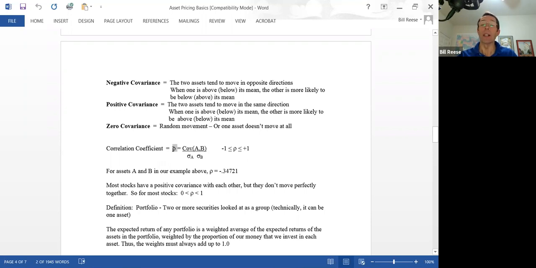It's a Greek letter, rho, R-H-O. The correlation between A and B is the covariance between A and B divided by the standard deviation of A times the standard deviation of B. Then if we want to go back from correlation to covariance, you take the correlation between A and B, multiply by the standard deviation of A times the standard deviation of B, and that will give you the covariance between A and B.